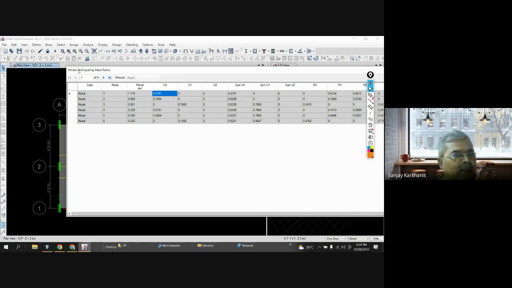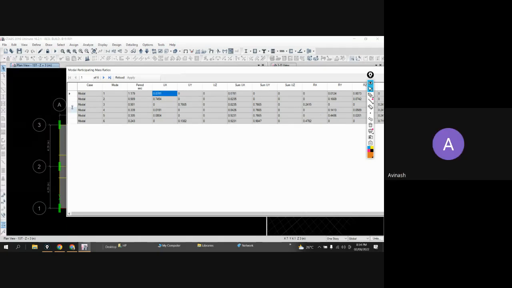Now this is mass ratio. So when your structure is vibrating in X direction, the modal mass that is getting activated in vibration in X direction is 0.0781. That means 78%. Clear?